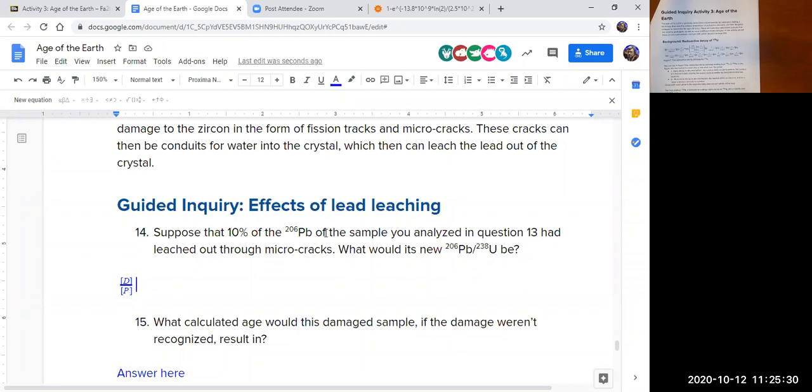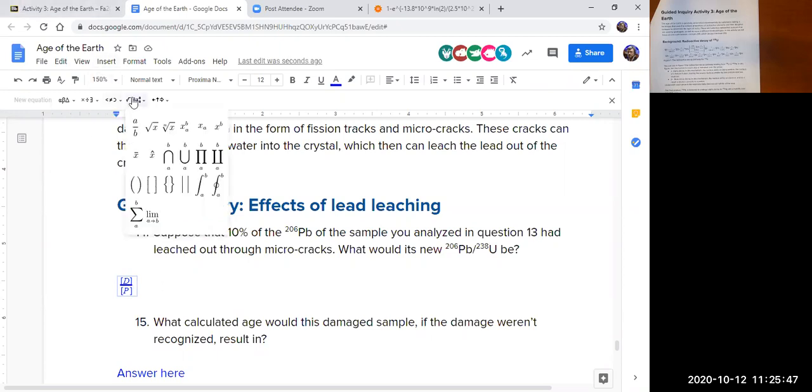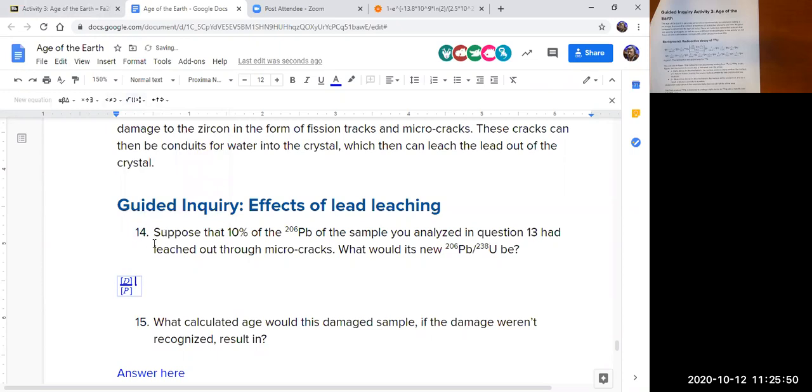Suppose that 10% of the lead of the sample you analyzed in that question had leached out through microcracks. So that means that the amount of lead we have is going to be only 90% of what it should be. So we're going to take our ratio and we're going to multiply it by 0.9 over 1. Because we're not changing the amount of the parent ion, but we are decreasing the amount of the daughter ion by 10%.